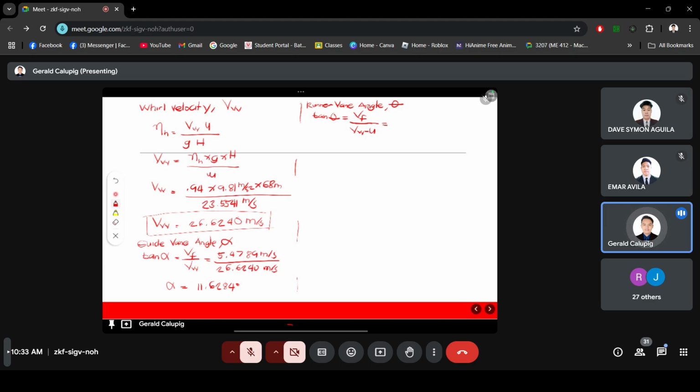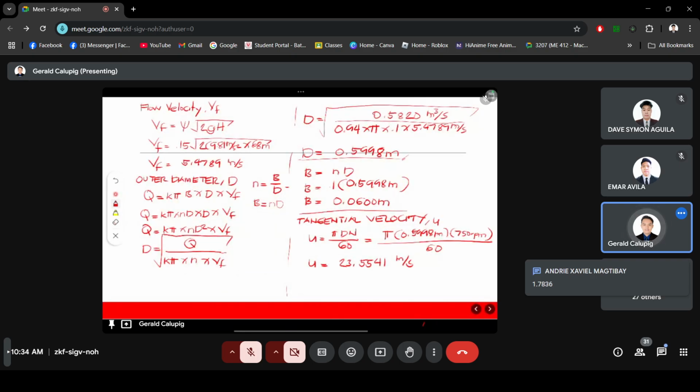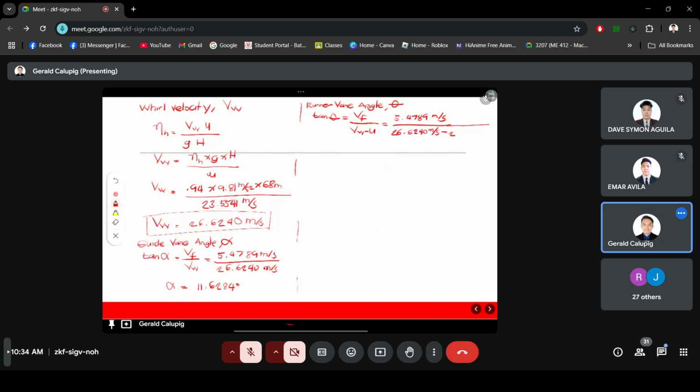So we can have our VF here is equal to 5.4789 meter per second all over 26.6240 meter per second minus our U. Ano yung U natin kanina? 23.5541.